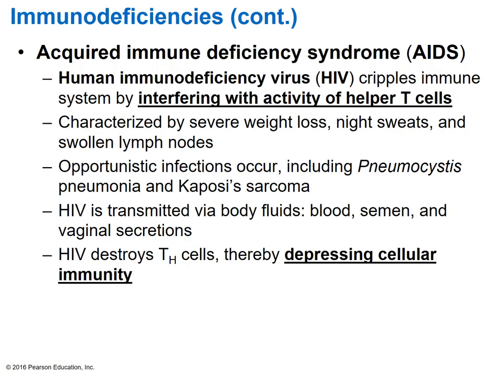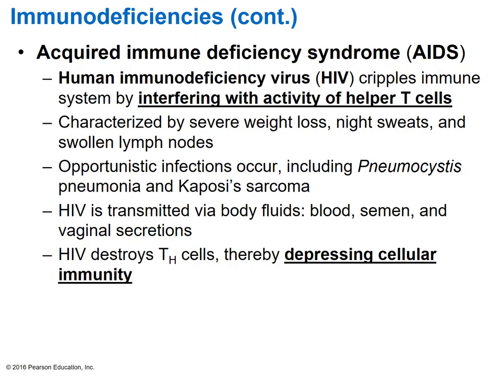Typically, this is going to be characterized in AIDS. There's a progression of stages of AIDS. So towards the end, in the severe stages, it's characterized by very severe weight loss, night sweats, swollen lymph nodes. You tend to see opportunistic infections occurring because the immune system is wiped out.